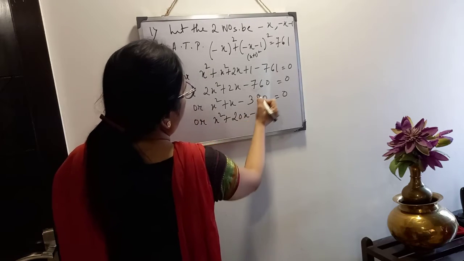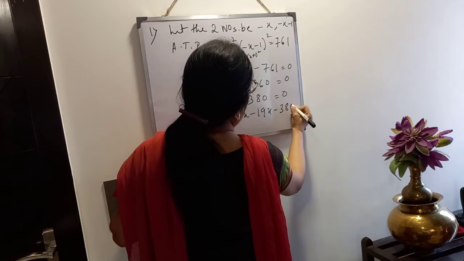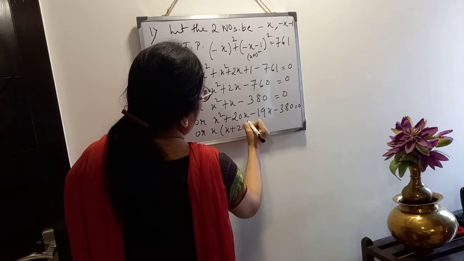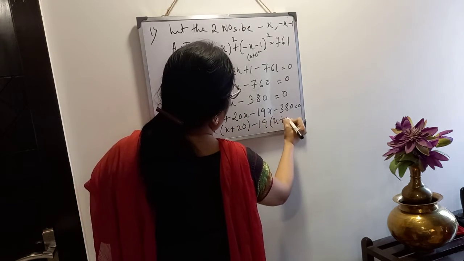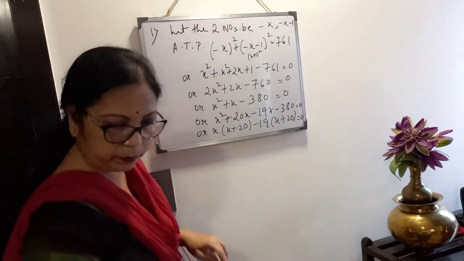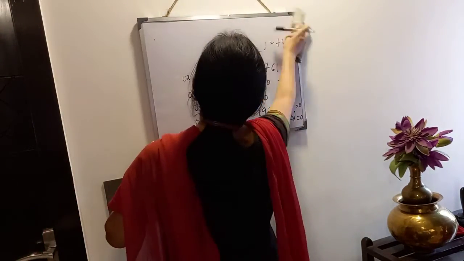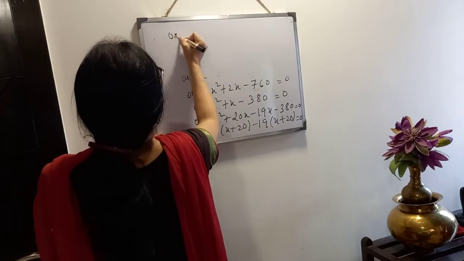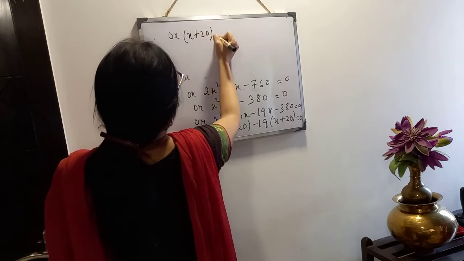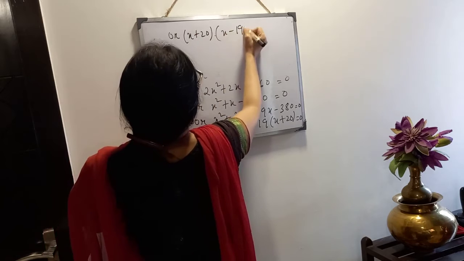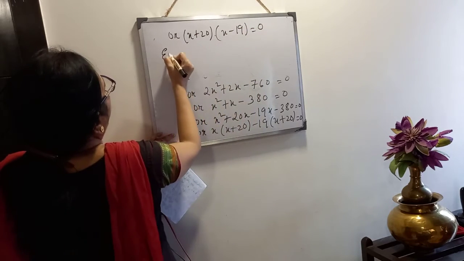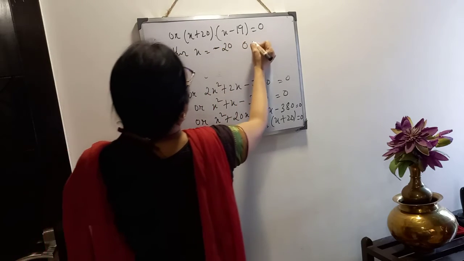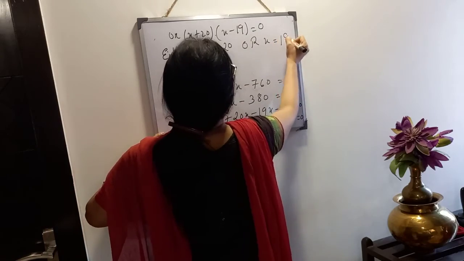If we multiply this and this, we will get 380. From here we are getting either x equals to minus 20 or x equals to 19.